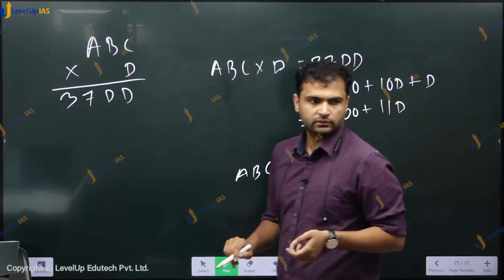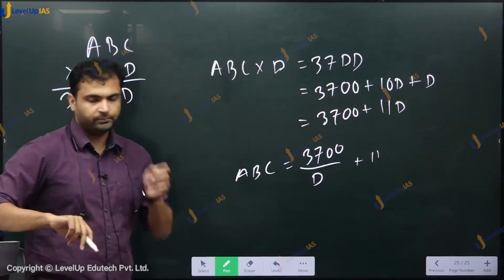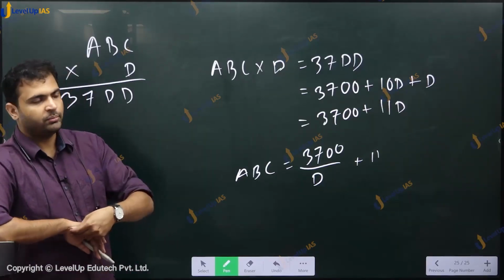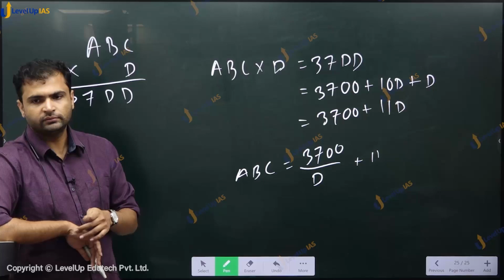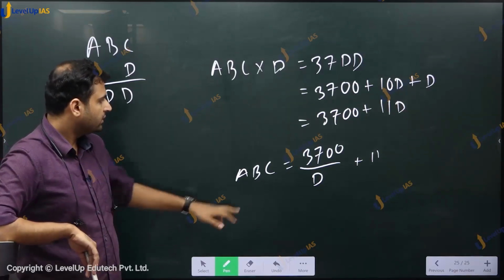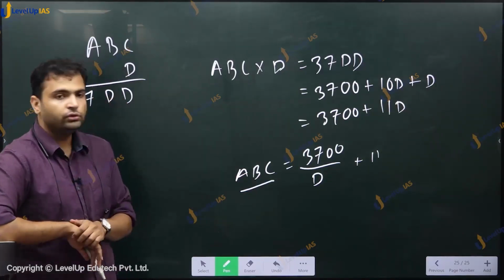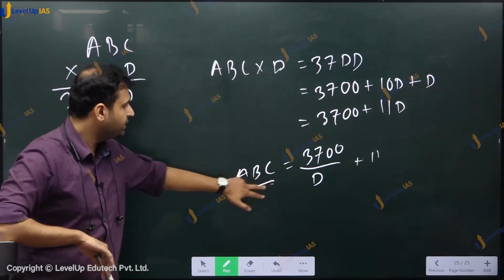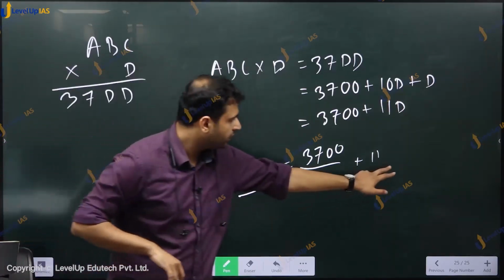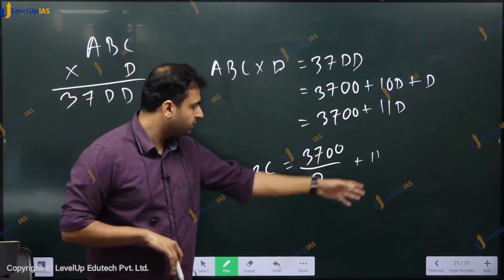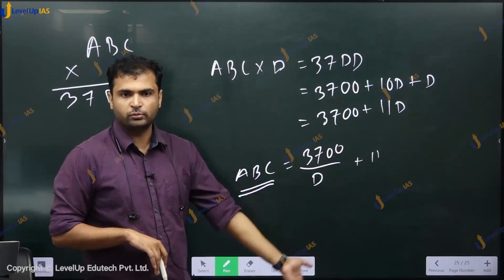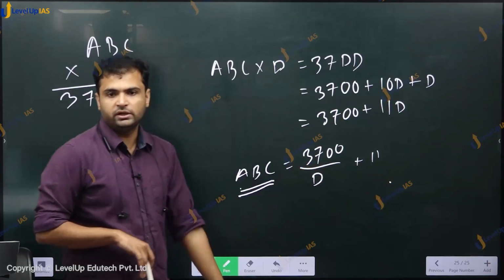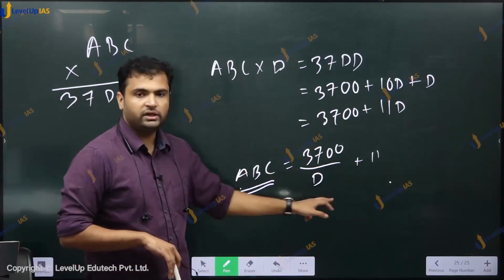Okay. अब इससे क्या हो रहा है, what is happening is we just learned that subtraction of two integers has to be an integer. So this ABC is an integer. If you take 11 on this side, ABC minus 11 has to be an integer. So this number has to be an integer.